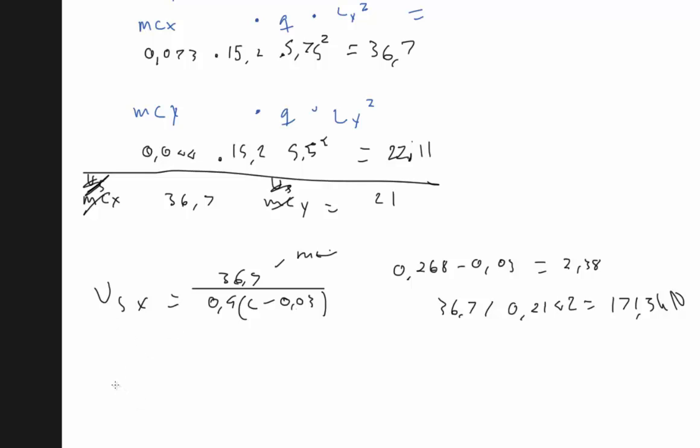So USX equals 171.3 times the area of the diameter that we don't know, times this mystery number 28.